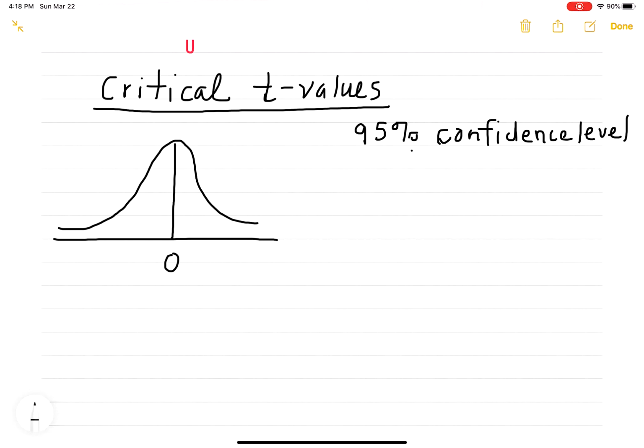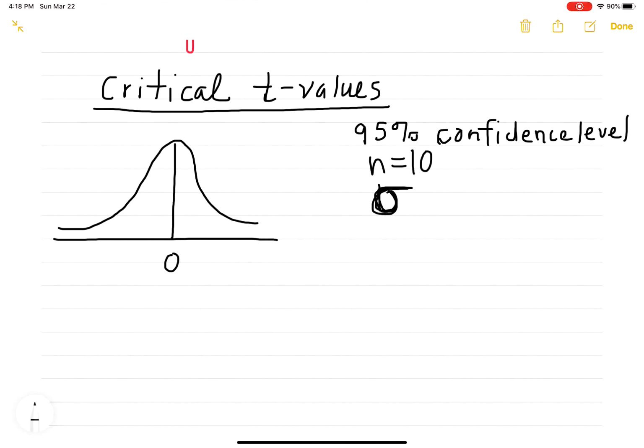Moreover, let's say I have a sample size drawn, and this sample size is, I don't know, 10. We take a small sample of size 10. And let's also say that our sigma is unknown.